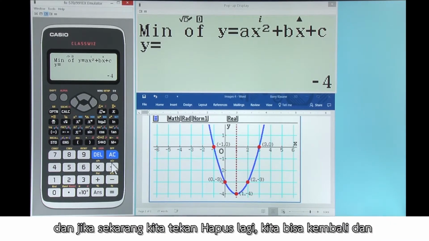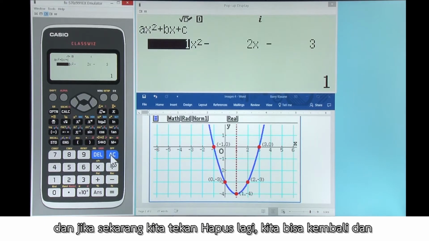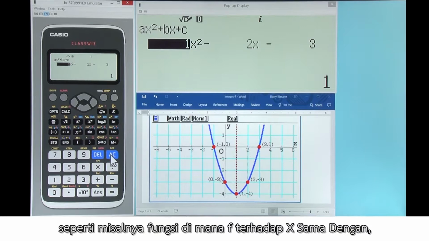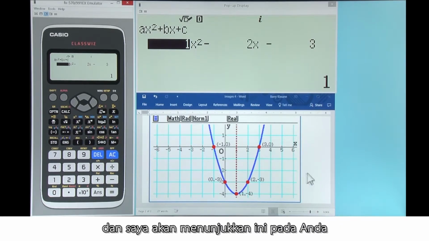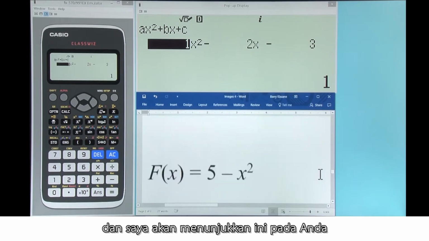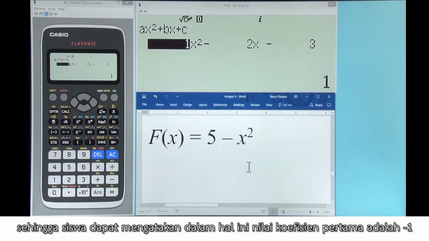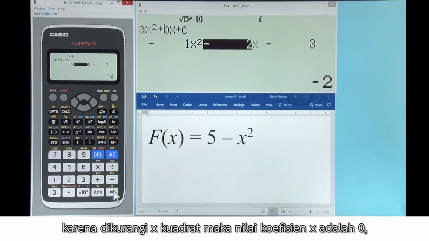And if we now press clear again, we could go back and define a different function, such as, for instance, the function where f at x is equal to, and I'll show you this one here, a different quadratic function, 5 subtract x squared. So students could say, in this case, the value of the first coefficient is -1 because it's subtract x squared.